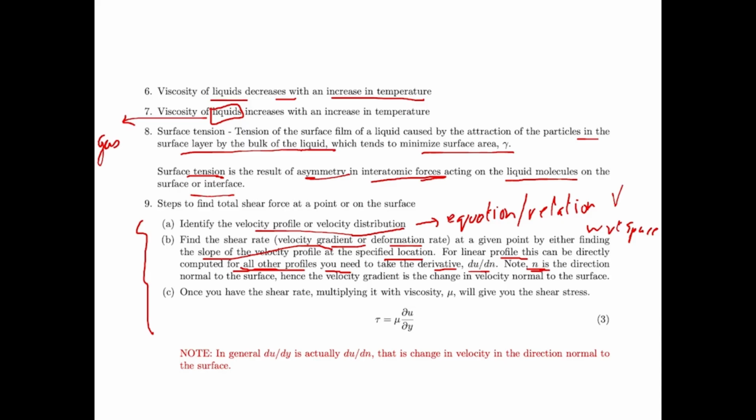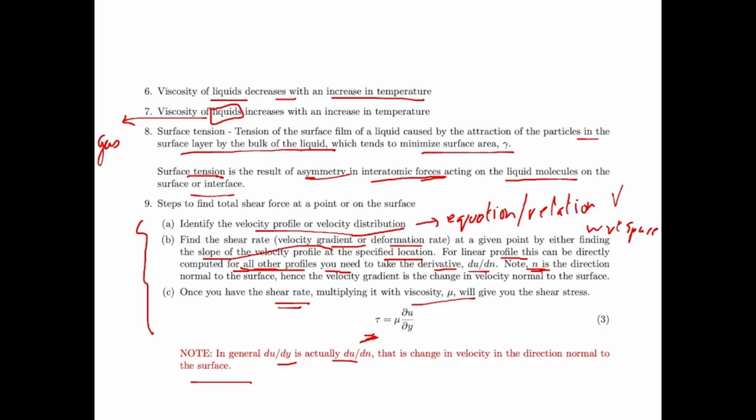n is the direction normal to the surface or the wall, right? So if the geometry is changed, the problem is slightly twisted, you have to change accordingly. Once you have the shear rate, you can multiply by viscosity to find the shear stress. And I've made this note here: in general, your du dy is actually du dn.